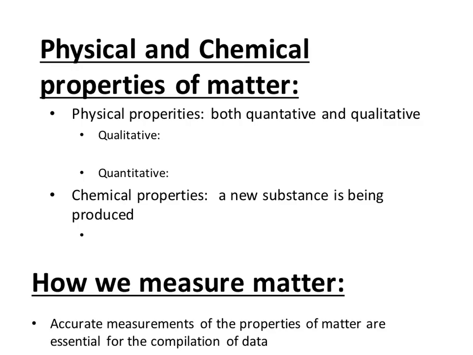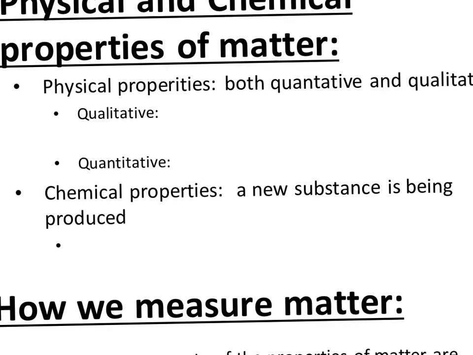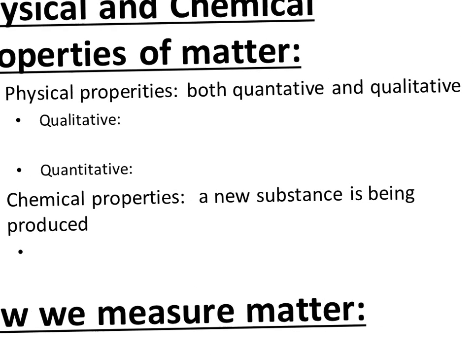And all matter has several things in common. They all have what we call physical and chemical properties. Our physical properties are quantitative and qualitative. When we talked about qualitative and quantitative observations, we already kind of touched on this, but now we're looking at an actual physical property.